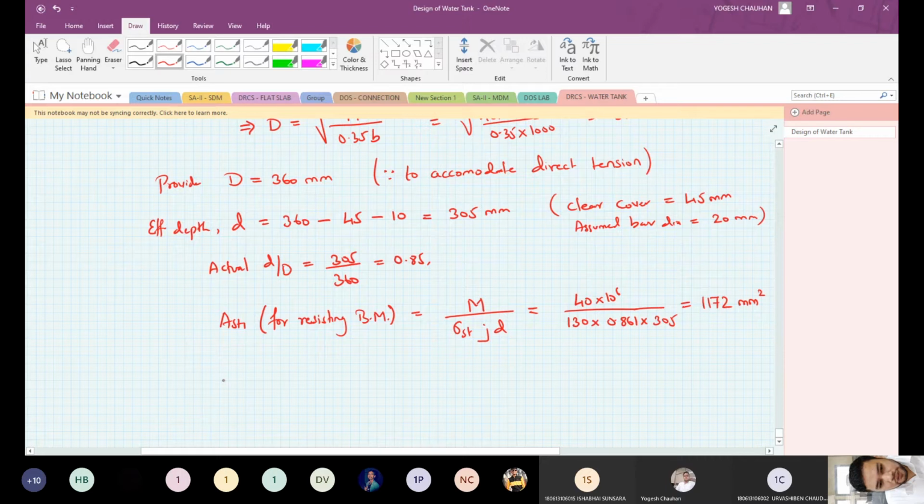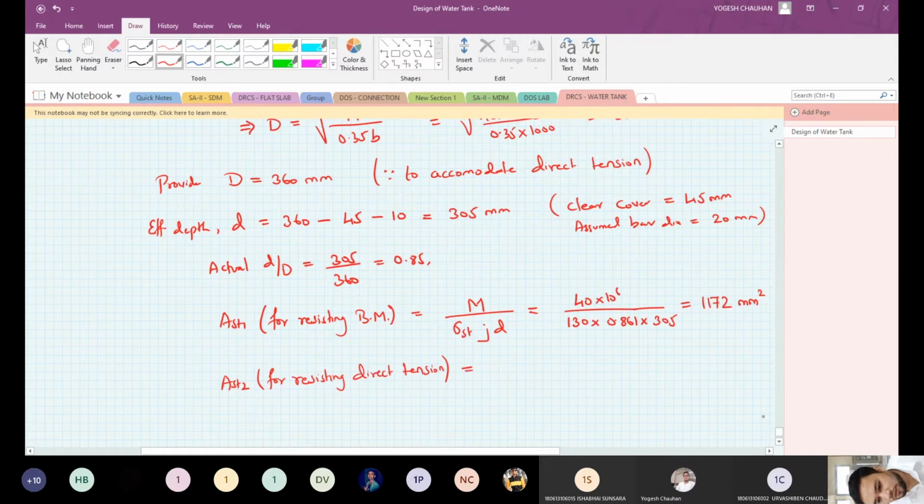Next we find Ast2. This is for resisting direct tension.